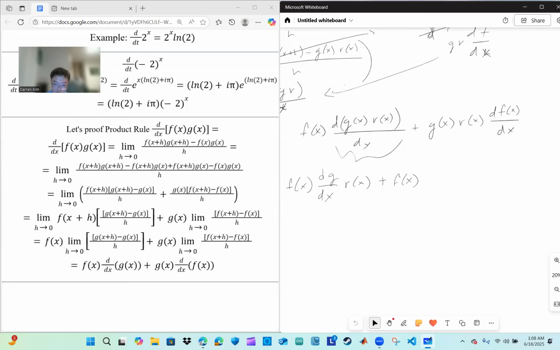And then we get the dr/dx times g of x, oh, g of x. And then plus, well, we'll start with g of x this time, and df/dx, and then plus r of x. Therefore, we get what I expected.